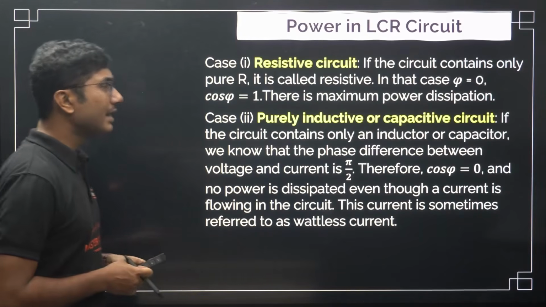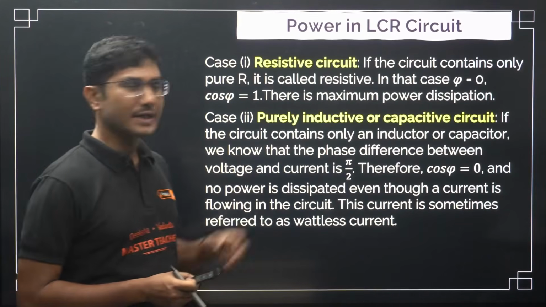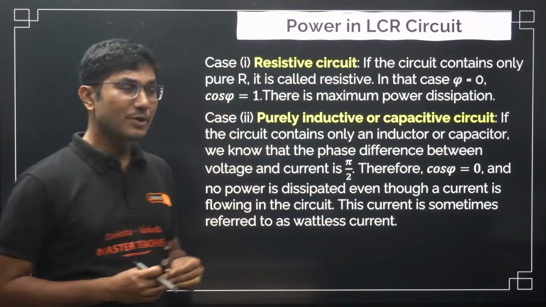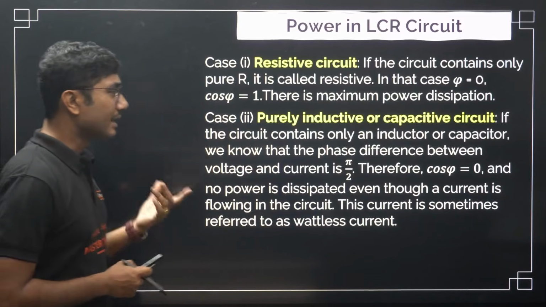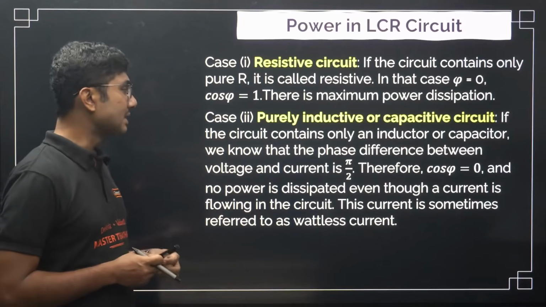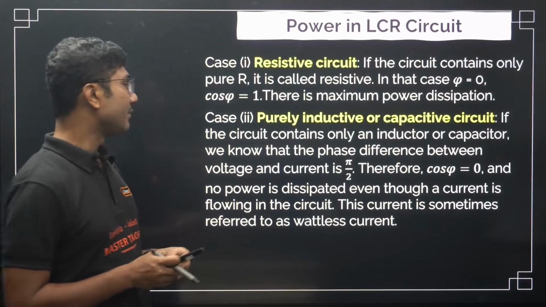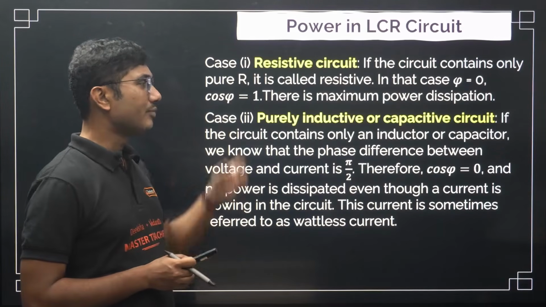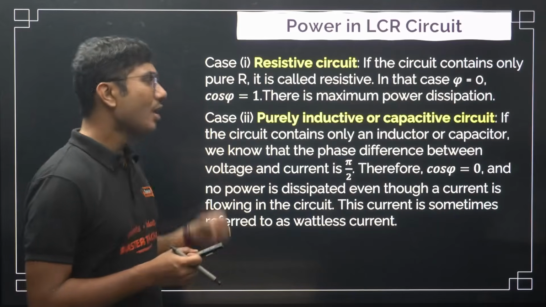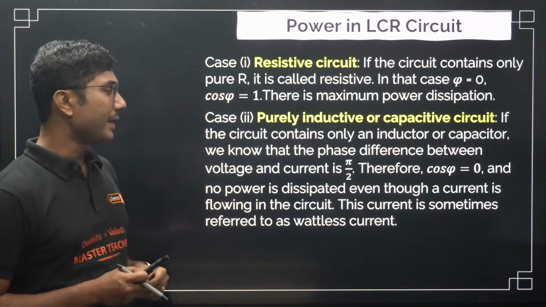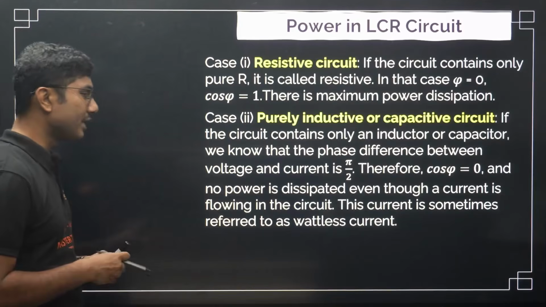Okay, purely inductive or capacitive circuit. In a pure inductive or pure capacitive circuit, the circuit contains only an inductor or capacitor. We know that the phase difference between voltage and current is pi by 2, therefore cos phi is 0, and no power is dissipated even though current is flowing in the circuit.